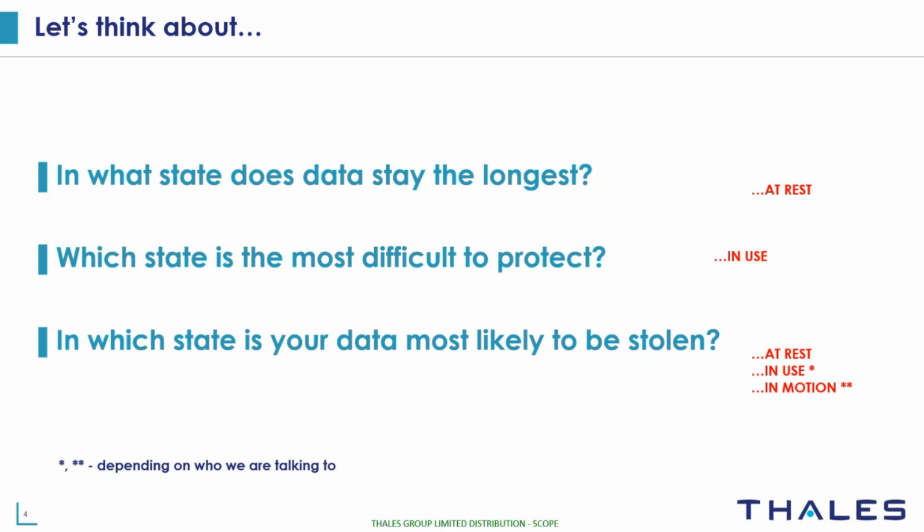The answer depends on who we are talking to. The typical answer of a mere user is data at rest, because it stays in that state the longest. But if we talk, for example, to security services or army-related companies, they say in motion.